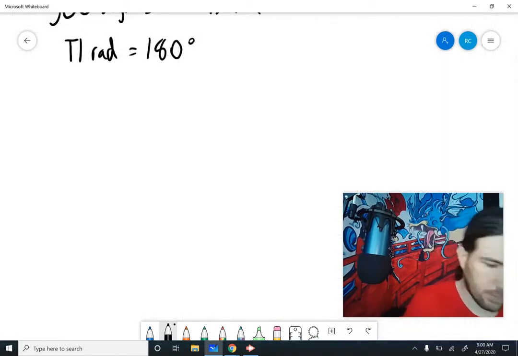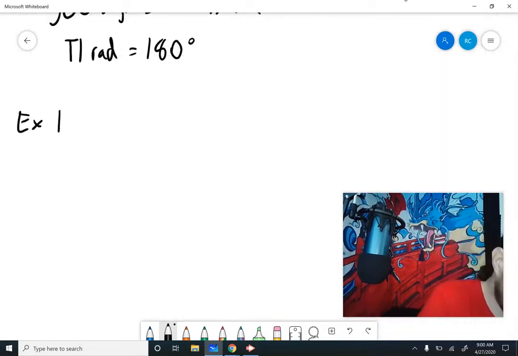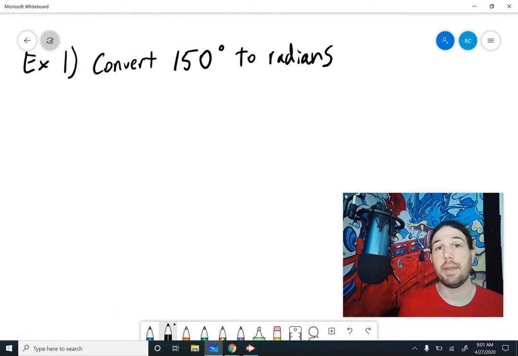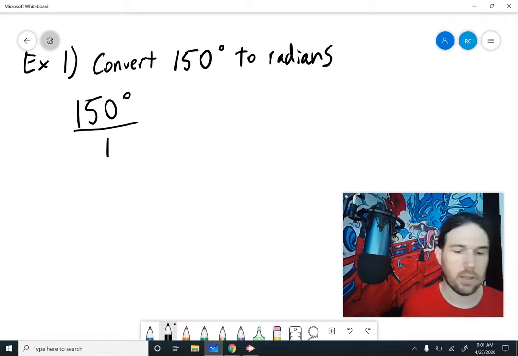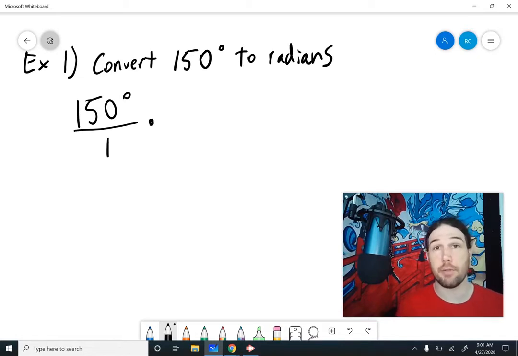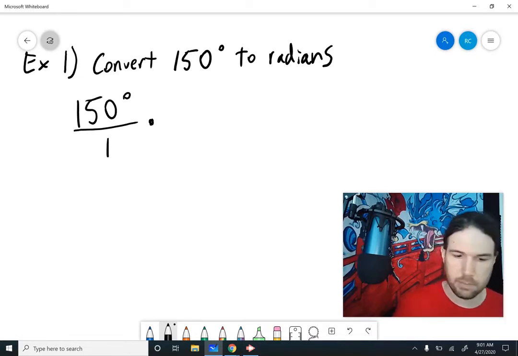For example, convert 150 degrees to radians. Okay, well, it's been a while since many of you have done unit conversion, but let's go ahead and give it a shot. We've got 150 degrees, and we're going to multiply that by some fraction that doesn't actually change the value of things, right? We did this earlier this year.